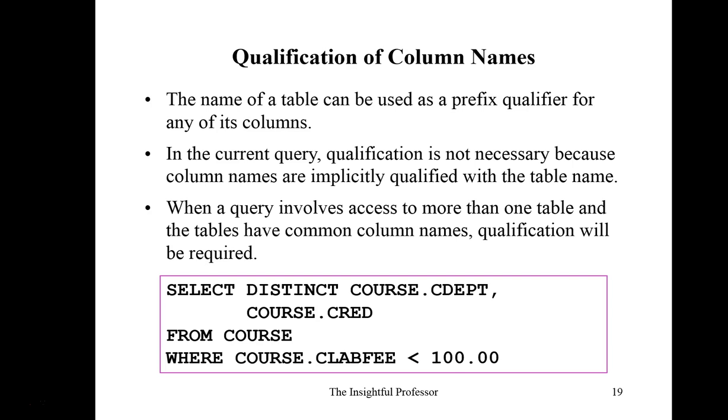However, you are not prohibited from having two columns that have the same name but reside in different tables. When we talk about multi-table operations, we'll see many instances where that may occur.